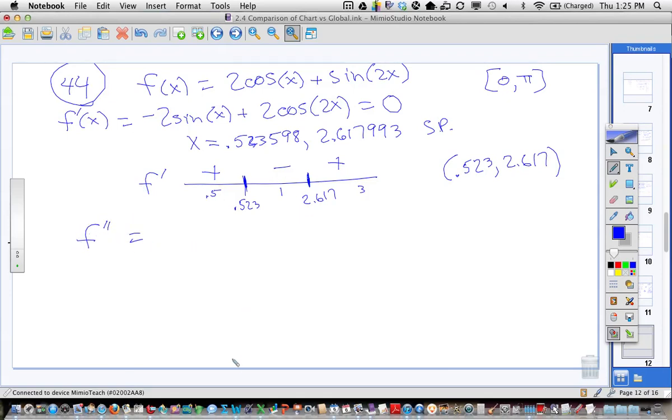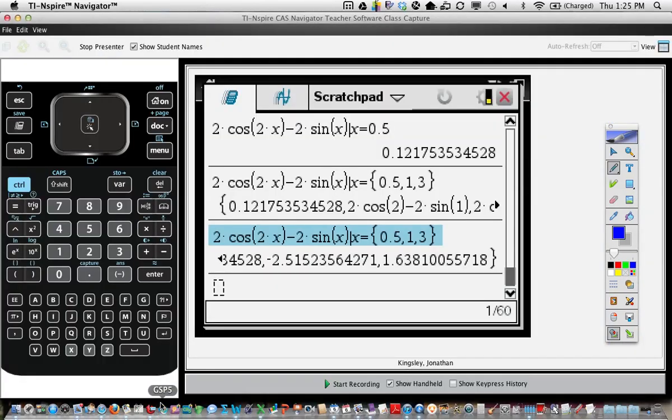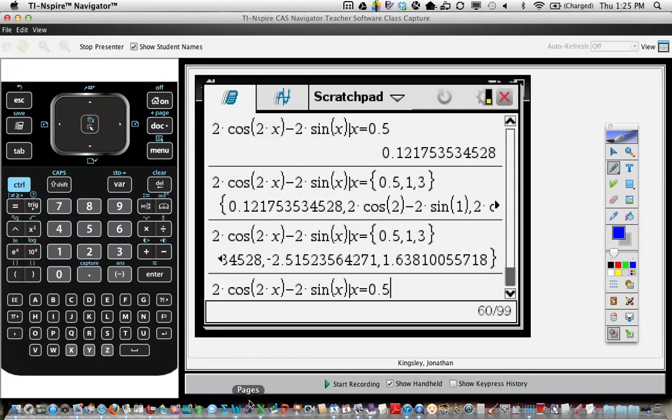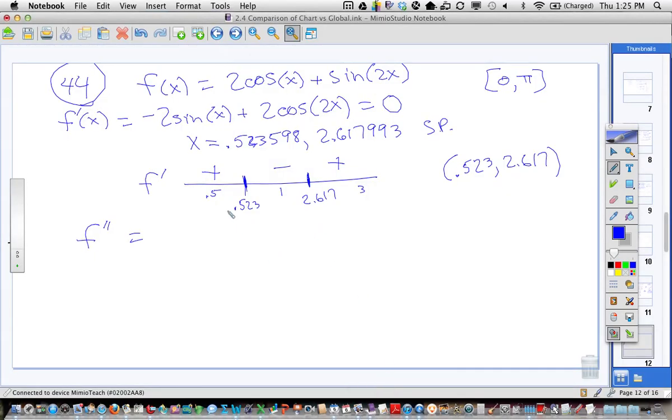So now we go back to our calculator, and now we want to do the derivative again. While he's grabbing that and doing that, what's it going to be? It's going to be the derivative of f prime. Negative 2 cosine, it'll be negative 1, and cosine will turn to sine.